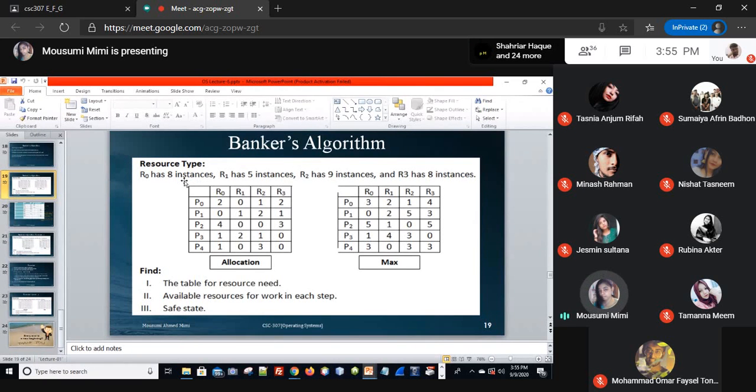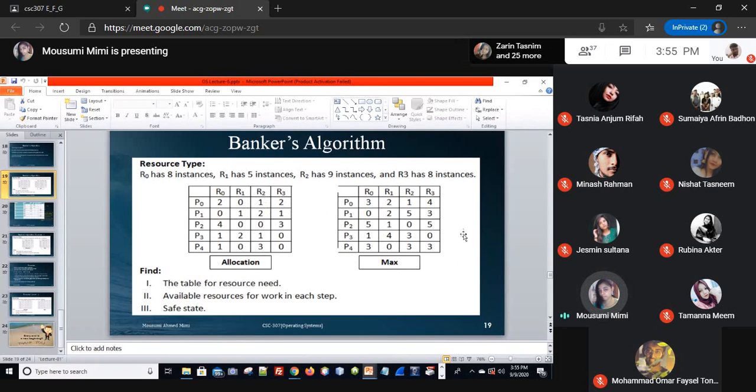Resource 0 has 8 elements, resource 1 has 5, resource 2 has 9, resource 3 has 8. In the allocation table, you will find that process 2 needs 2 elements from resource 0, nothing from resource 1, 1 element from resource 2 and 2 elements from resource 3.